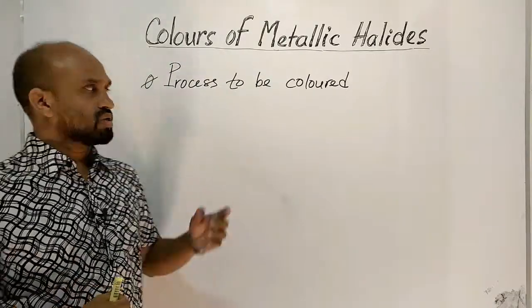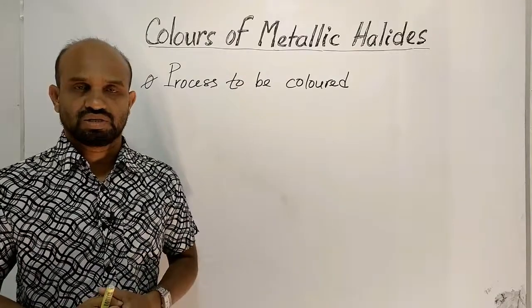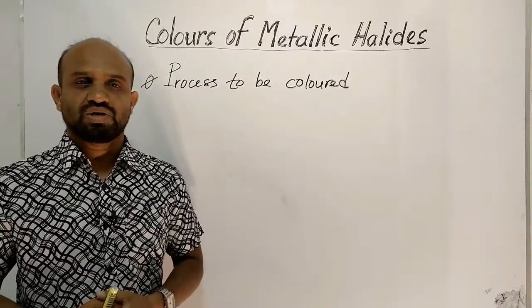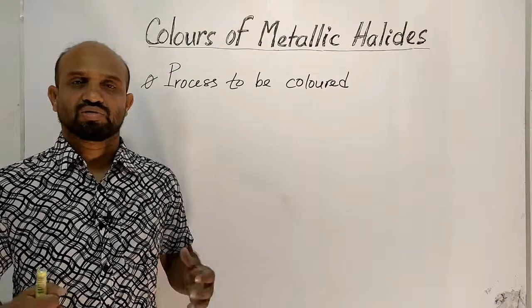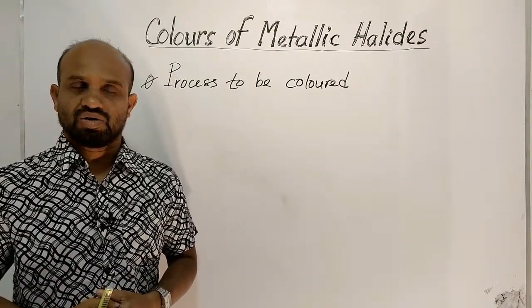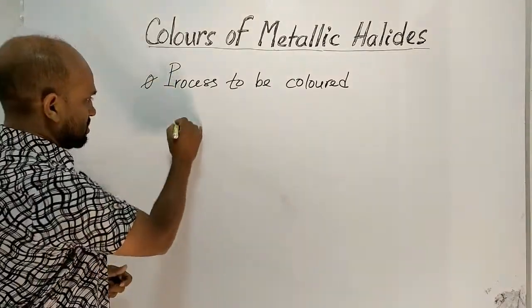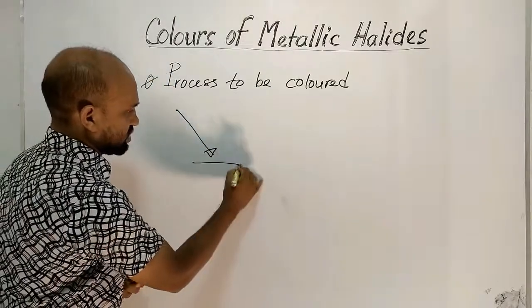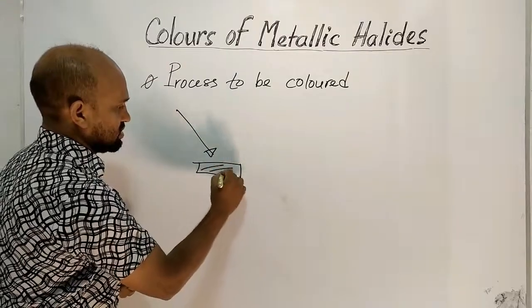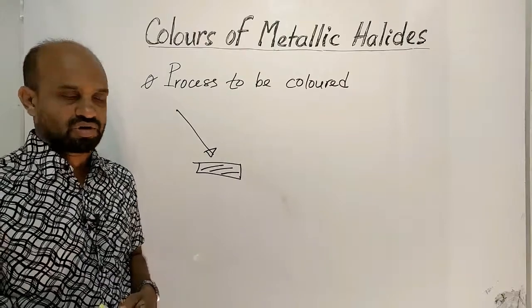Now the point is process to be colored of a substance. In this stage, we'll try to learn how or why different substances are of different colors. When light falls on a body, then 3 things happen.